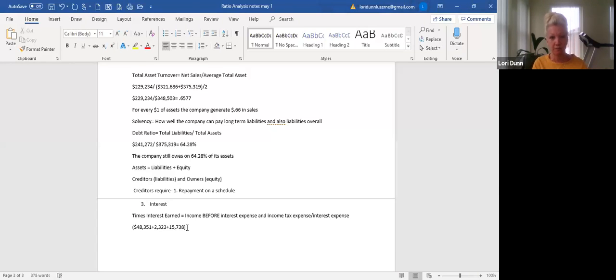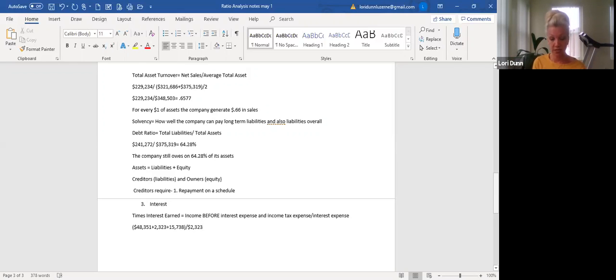Who's going to loan you to pay the interest? If you can't pay the interest on your loans from the earnings you make this year, why do we want to loan you any more money? So we look for all the earnings that the company made before we paid income tax and before we even paid interest once, and then divide that by the total amount of interest expense.